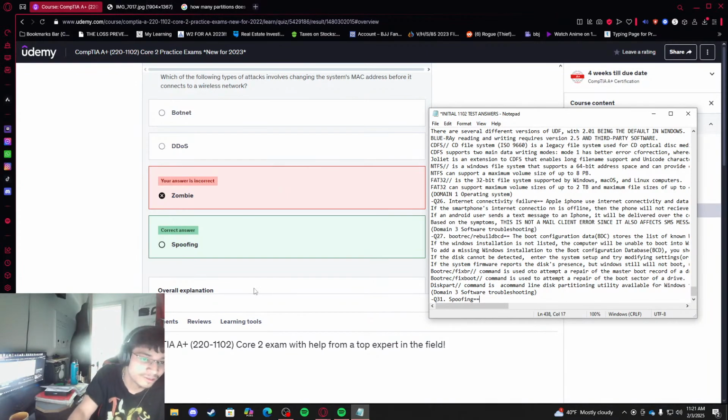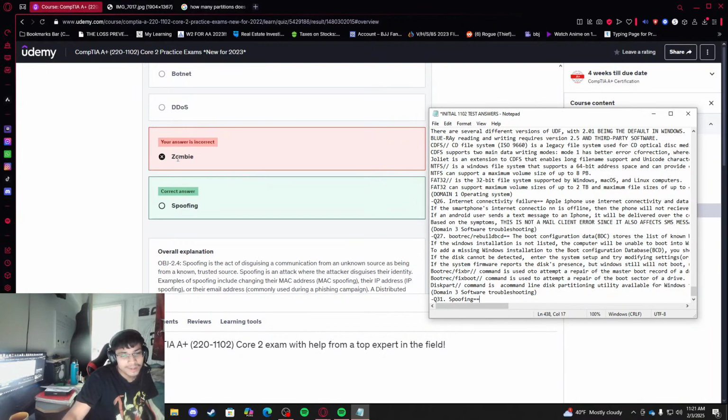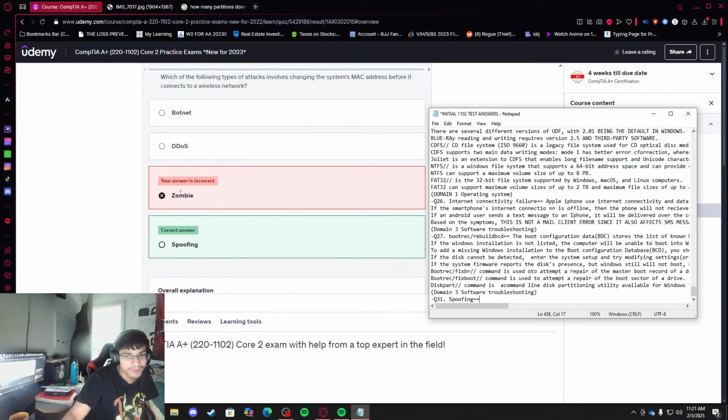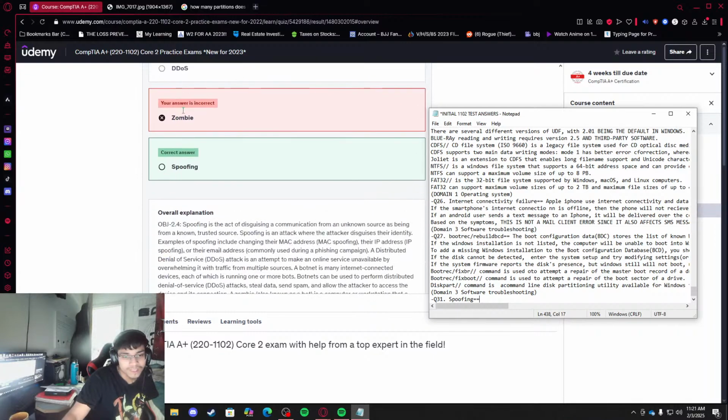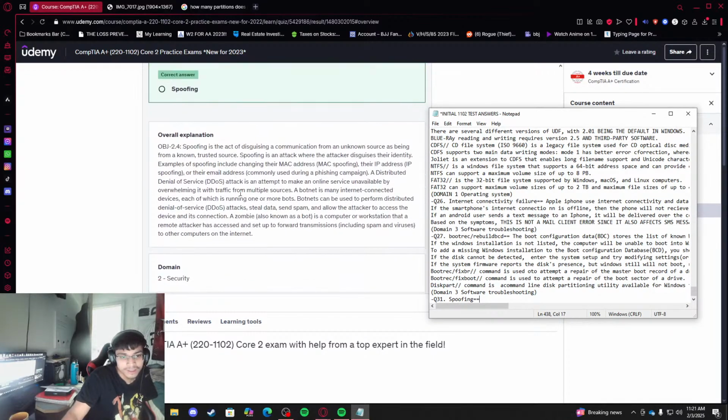I still don't understand what zombie really means. Botnet, I think it's kind of similar to denial. I forgot DDoS. DDoS is like overflowing the network, or overwhelming it. Zombie, I'm not too sure. I thought it was just changing the system's MAC address. Not sure what botnet is, to be honest.